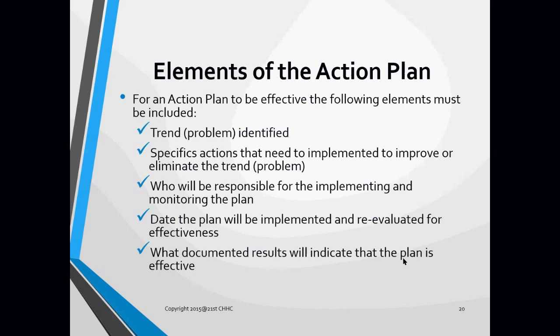And again, lastly, the action plan needs to have some indication of what results you're going to be looking for that's going to indicate that the plan was effective. And again, it gets back to those thresholds, and it may be as simple as, you know, there will be a reduction of patient falls from 5 to 1 or to 0 or whatever those results you want it to be.